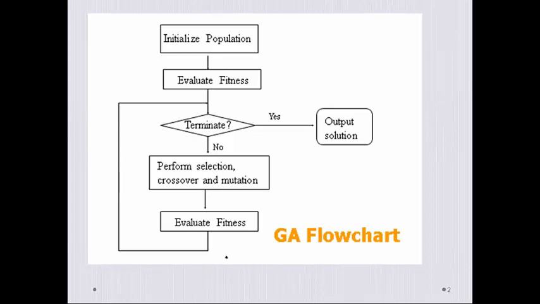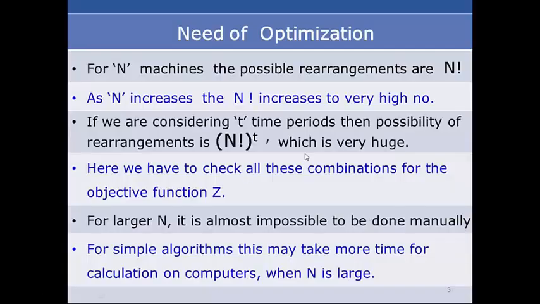It is possible that for the first job, machine A is required for the first operation, but for the second job, machine C is required for the first operation. So we cannot consider only 1 or 2 jobs, and here the problem becomes very complicated. Such a problem we are considering here. So let us move to the next slide.